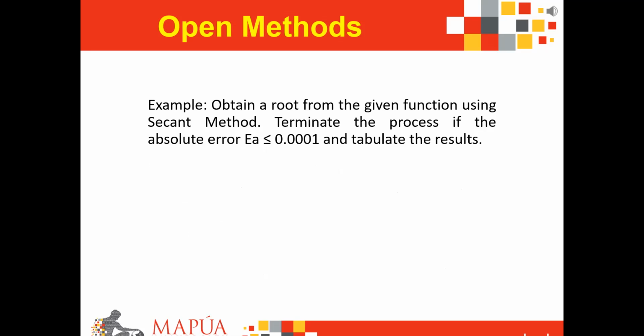Let's try to evaluate this given example. Using the secant method with a terminating condition of an absolute error less than or equal to 0.0001, let's establish the root for this given function. The usual concept from your previous math is that in order to establish the root for a given function, you simply equate it to 0.